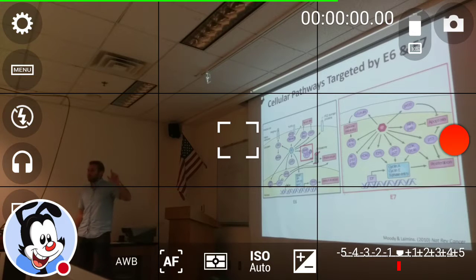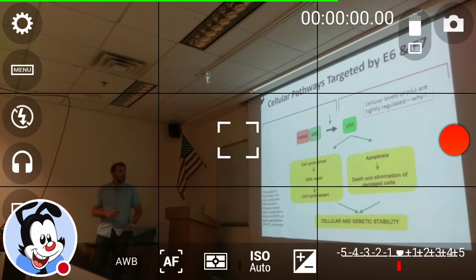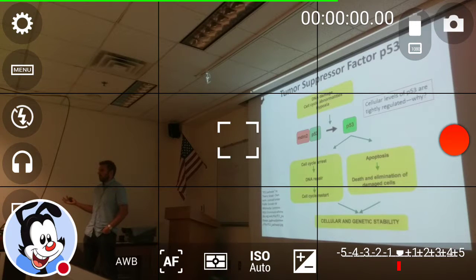So remember how the polyoma viruses affect p53 as well. So E6. You guys know p53, right? Typically, when there is DNA damage, you get an increase in p53, which will either cause cell cycle arrest, which gives the cells time to repair the DNA, which then allows the cell cycle to restart, right?